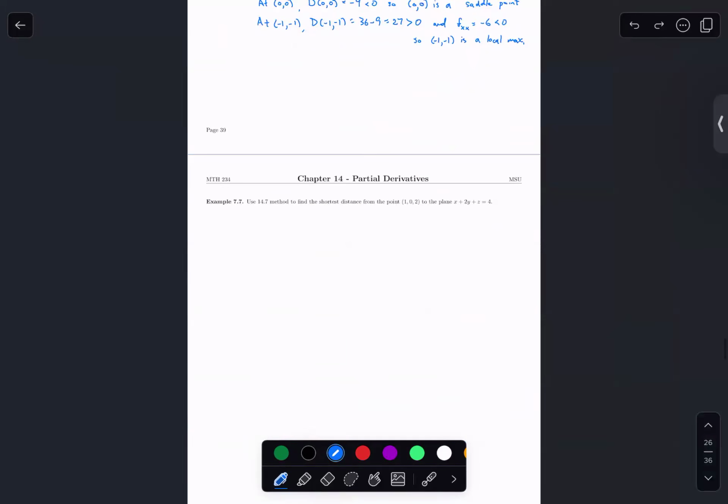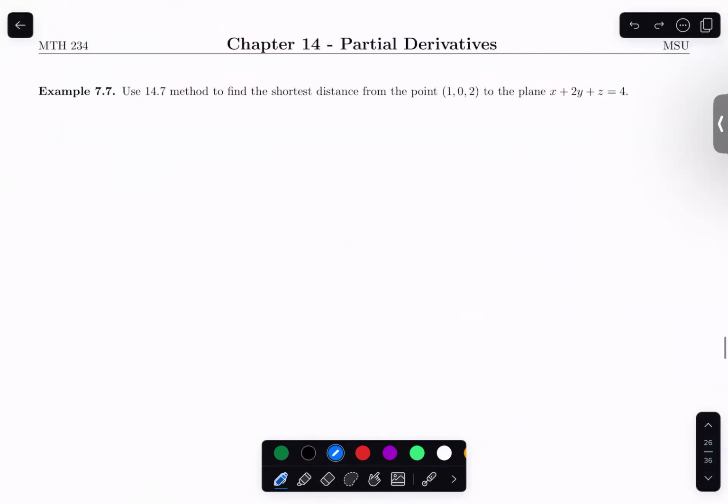All right, so I would like to give a new method for finding the shortest distance between a couple of objects. I would like to start off by doing a problem that we could have had in 12.5 or so. There are other methods to solve this particular one, but the method that I teach here is going to be applicable for many more surfaces than just a point and a plane.